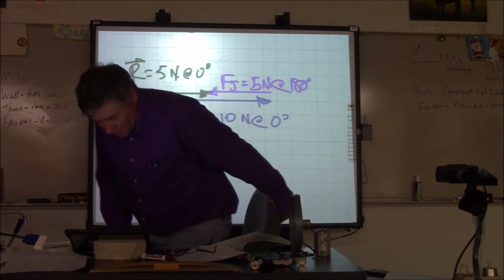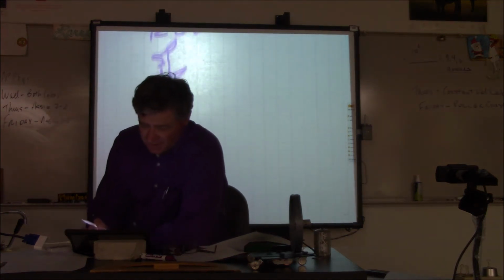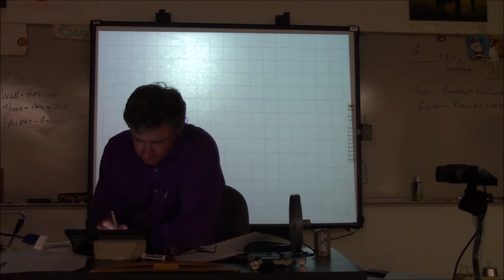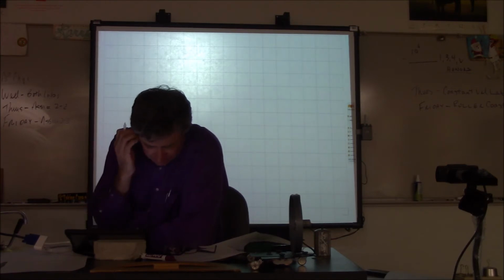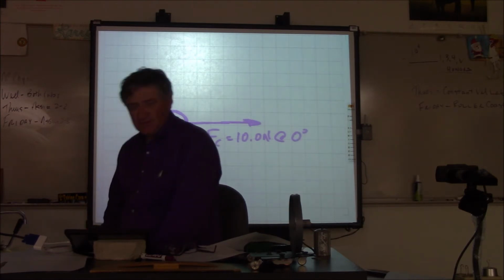I'm going to get a little bit more complicated here. Okay? So, let's say that we're going to have a soccer ball. And we're going to have Colin kick the ball this way with a force of 10 newtons at 0 degrees.